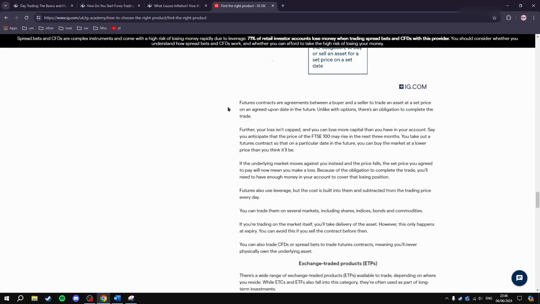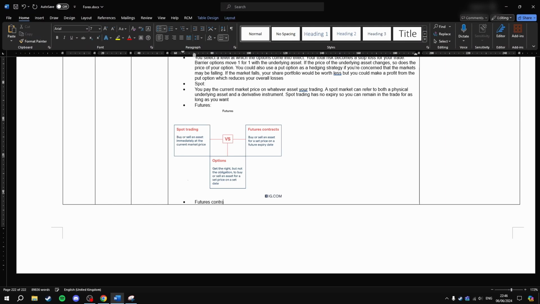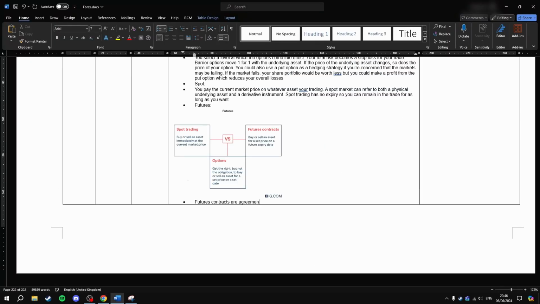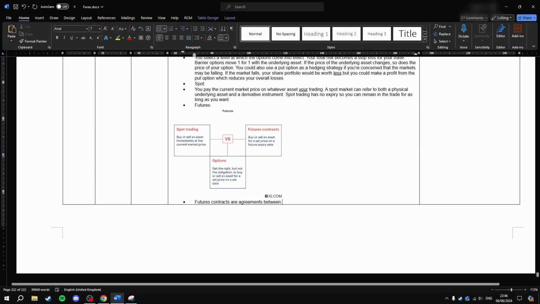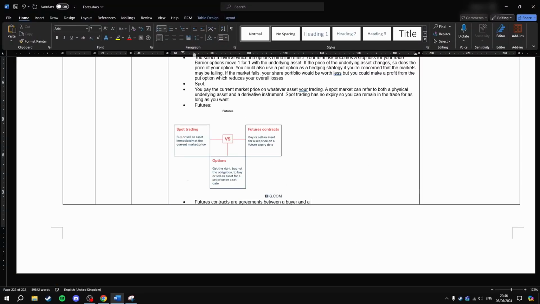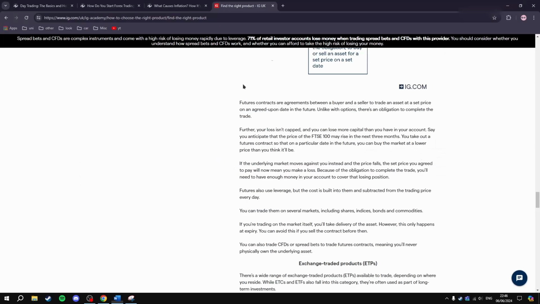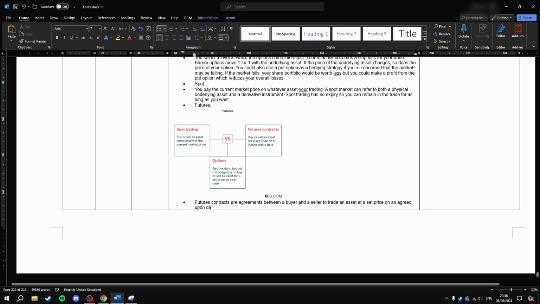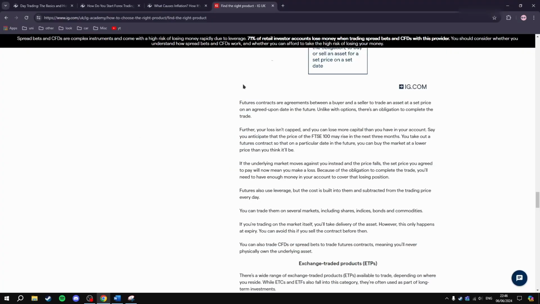Futures contracts are agreements between a buyer and a seller to trade an asset at a set price on an agreed upon date in the future.